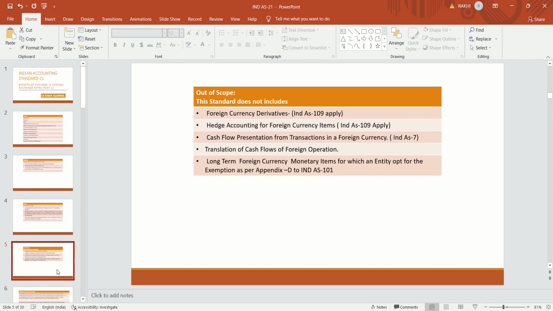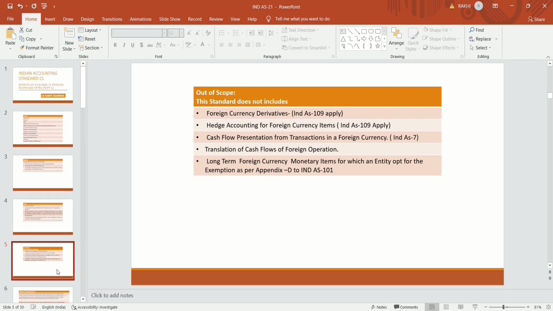Translation of cash flows of foreign operations, and long-term foreign currency monetary items for which an entity opts for the exemption as per Appendix D to Ind AS, is dealt with under Ind AS 101.